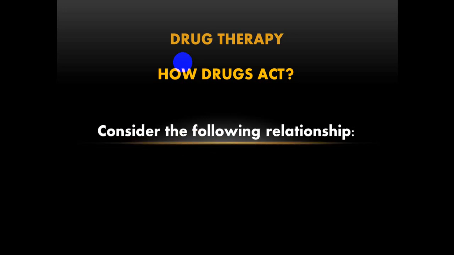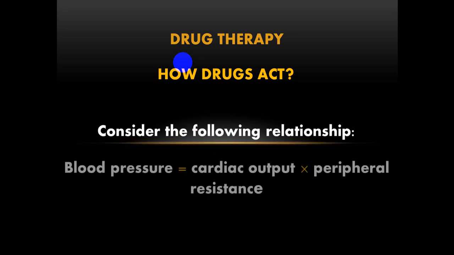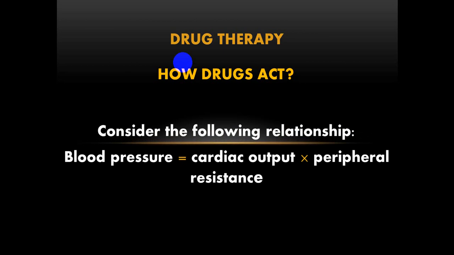So we have to consider the following relationship. Blood pressure is equal to the cardiac output multiplied by peripheral resistance. So any factor or any drug, any substance that controls cardiac output will control blood pressure. Controlling peripheral resistance will control the blood pressure. Decreasing cardiac output or decreasing peripheral resistance will lead to decreased blood pressure.